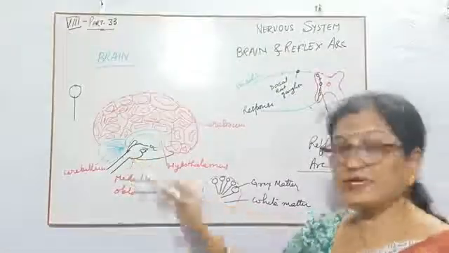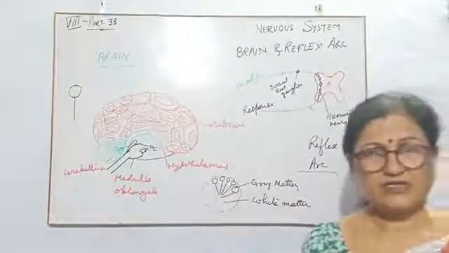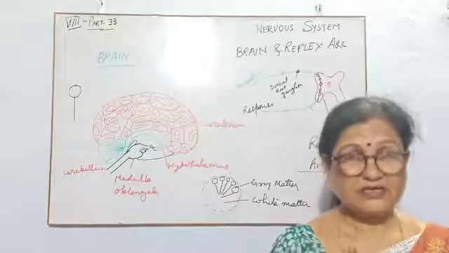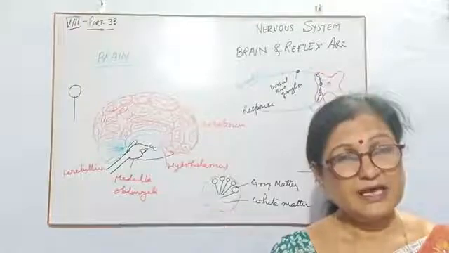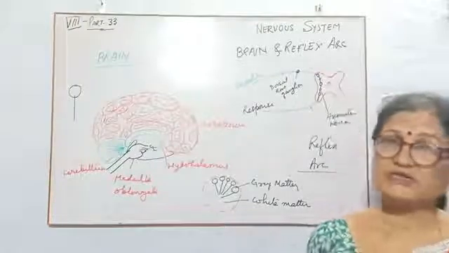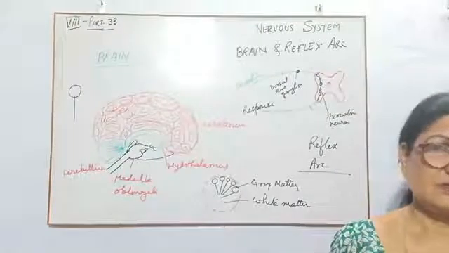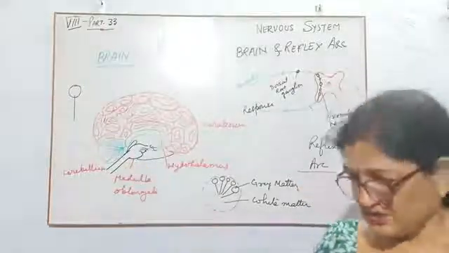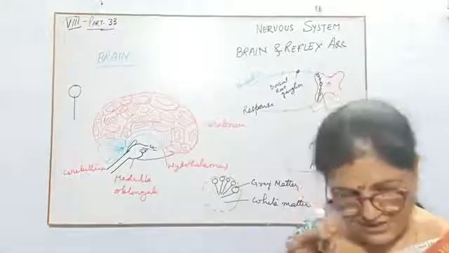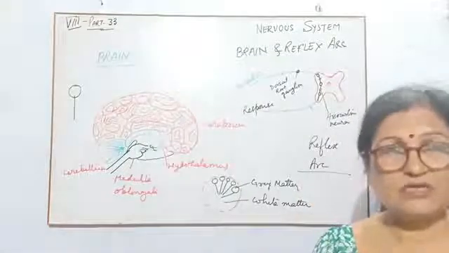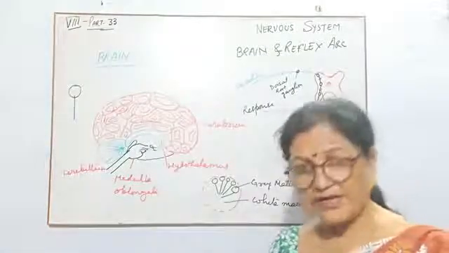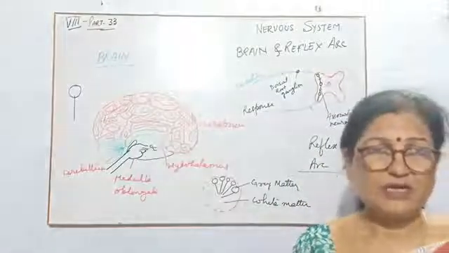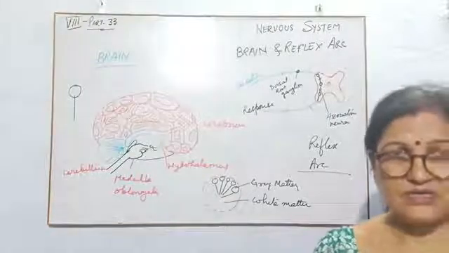And this cerebellum has the main function to balance our body. First thing. Second, it can coordinate our muscular activity. So children, balance of the body. See small children, while they learn to stand, by holding any chair, table, sofa, whatever, they can stand over there.